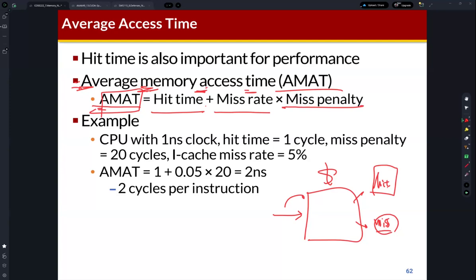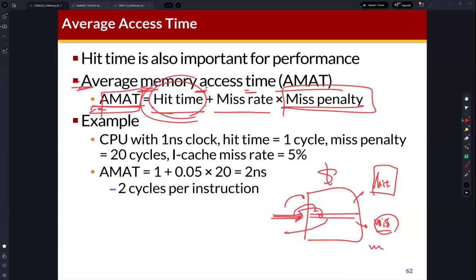So what is hit time? Hit time means that the CPU accesses the cache, the data is a hit, and the cache can provide the requested data. And for the miss cases, the miss penalty is added. So AMAT is defined like this, but for the miss case, the CPU also needs to access the cache.